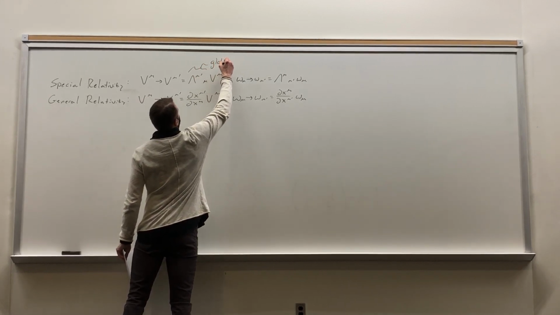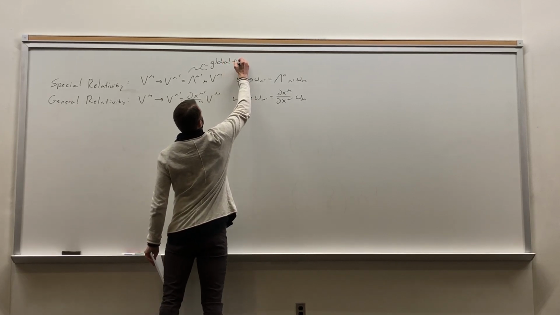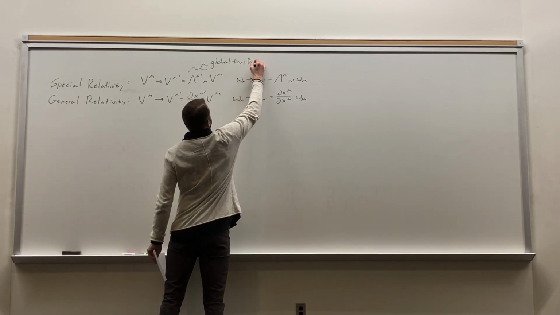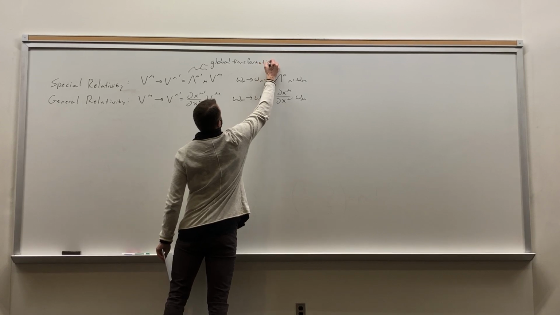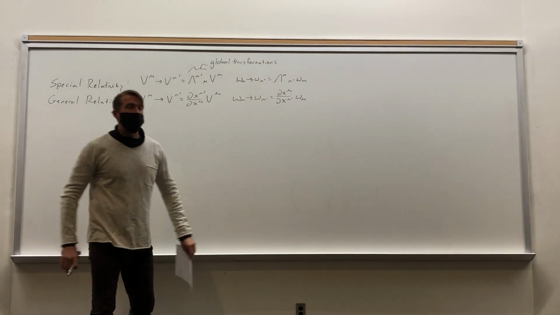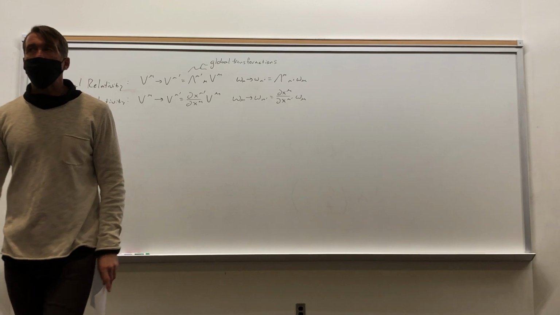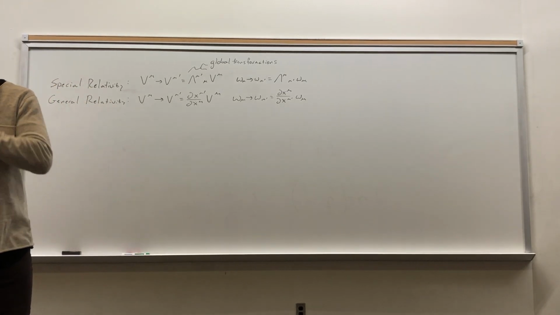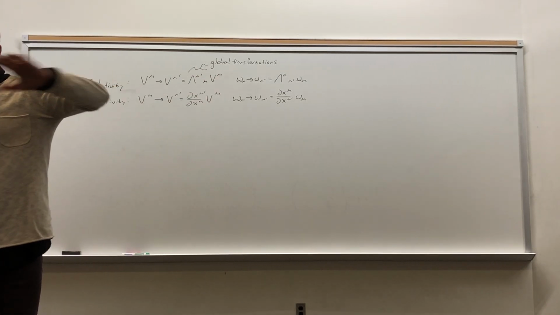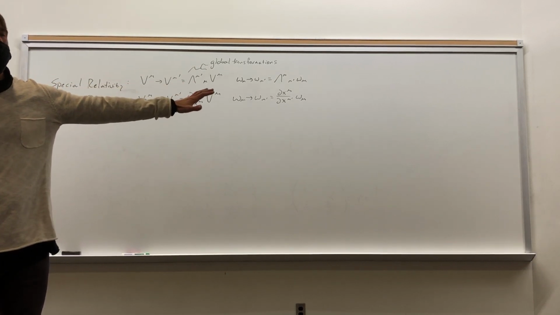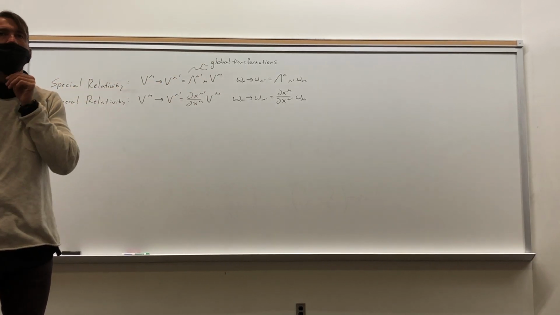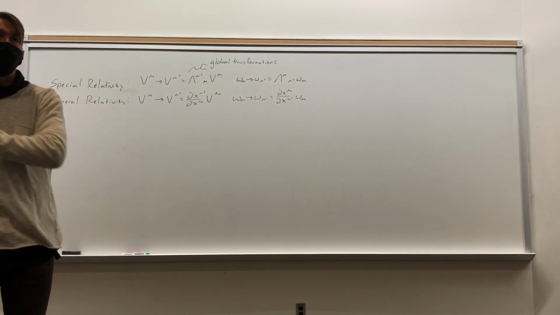If you might remember my discussion from, I think, the first or second lecture over different types of groups, or the transformations that we consider, you have global versus local. Global transformations mean if you're going to do a transformation, you're going to do it to every point in space or space-time exactly the same way. You're not going to do it one way here and a different way here, okay?